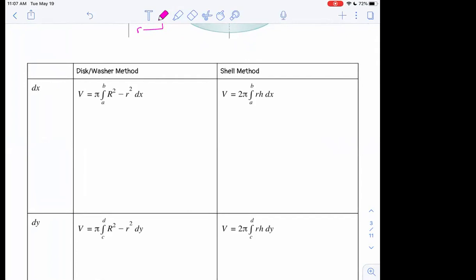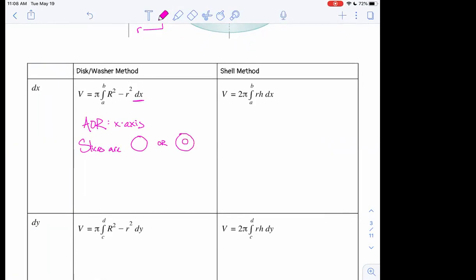So for our disc and washer method, if I want to use dx for that, that means that my axis of revolution is the x-axis, and that the slices are either looking like this or like this.